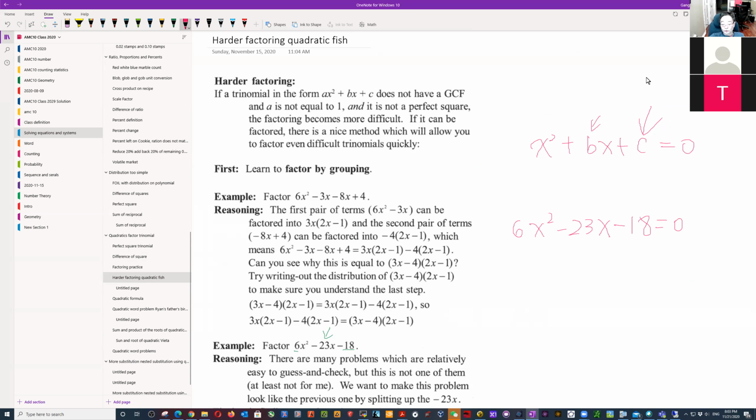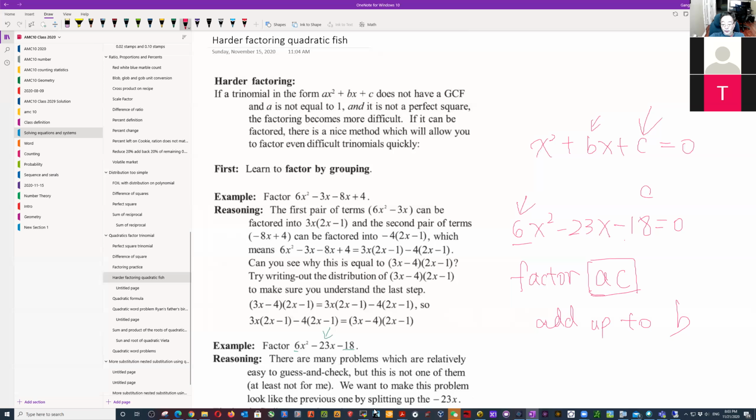If it's not monic, the trick is to factor ac and make sure the two numbers factored out can add up to b.